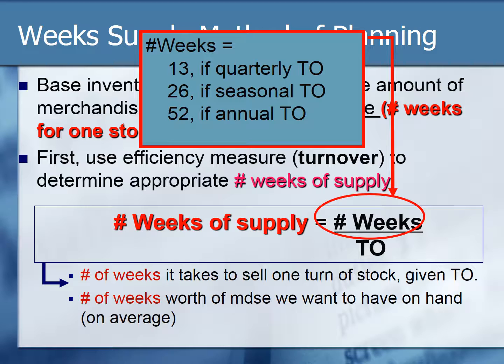That actually means to us the average inventory or average stock. So the number of weeks of supply basically means how many weeks it takes to sell one average inventory, because the whole concept is that we want to carry our average inventory all the time in our store, consistently throughout the year or the season.